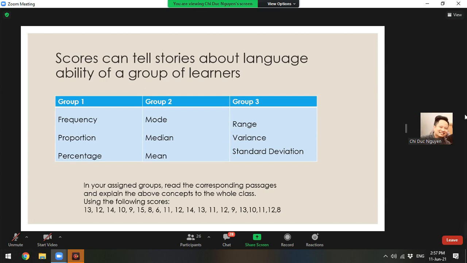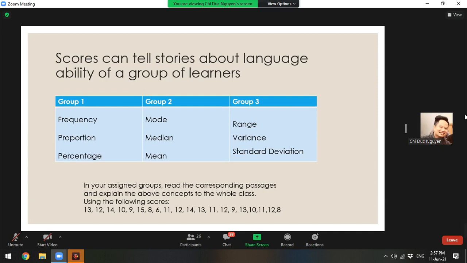So 1 student got 6, so we have 1. 2 got 8, so we have 3. 2 got 9, so we have 5. 2 got 10, so we have 7. And 3 got 11, so we have 10 students.